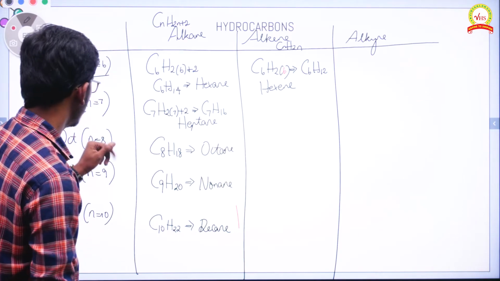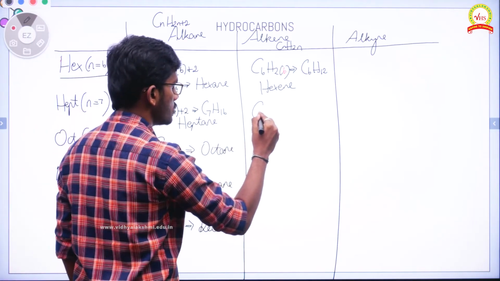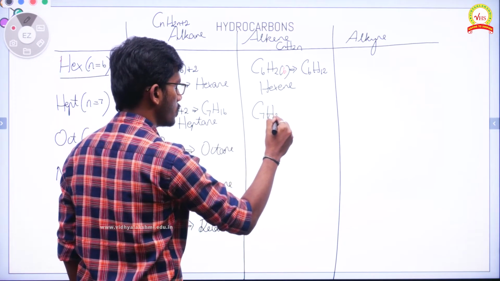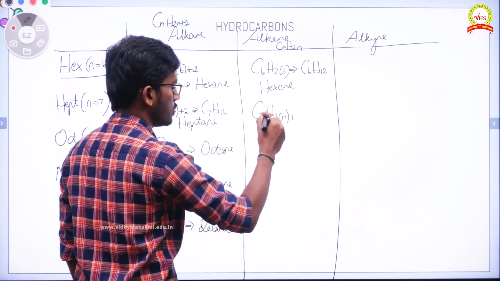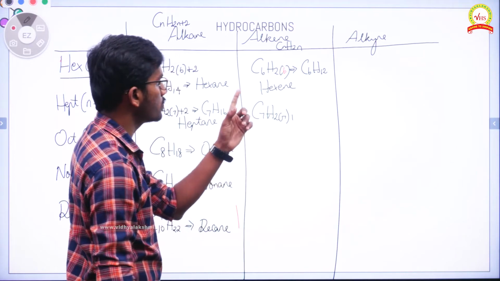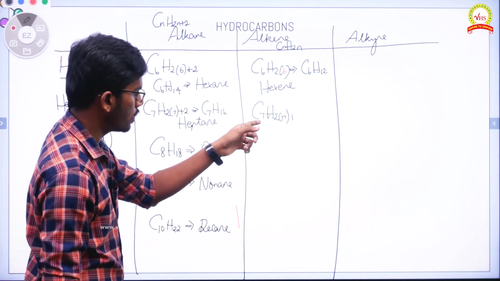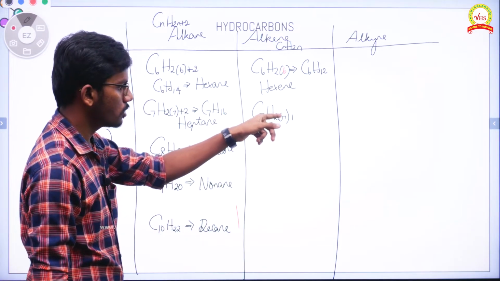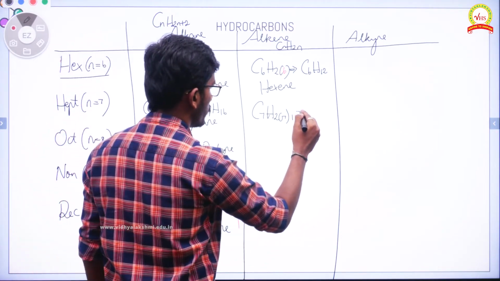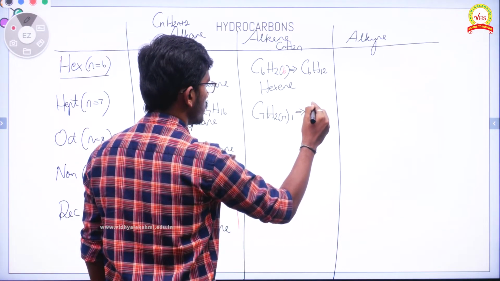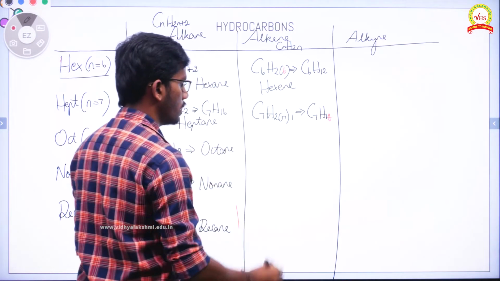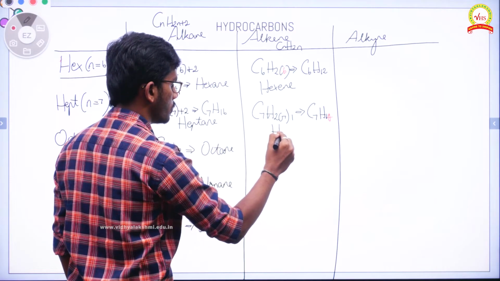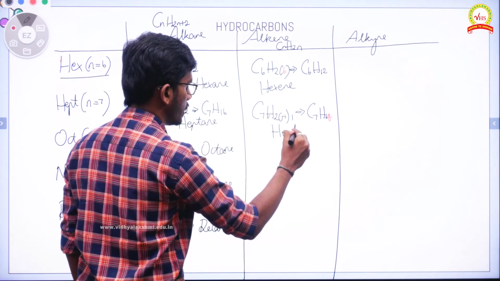Okay, fine. Now let us move on to 7 carbon atoms. C7H 2 into 7, the formula is CnH2n, I have substituted the n value there, and the simplified formula is going to be C7H14, and the name of this compound is going to be heptene.